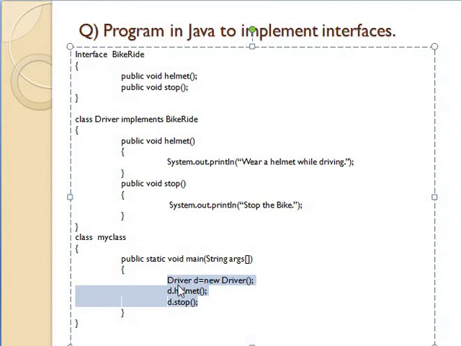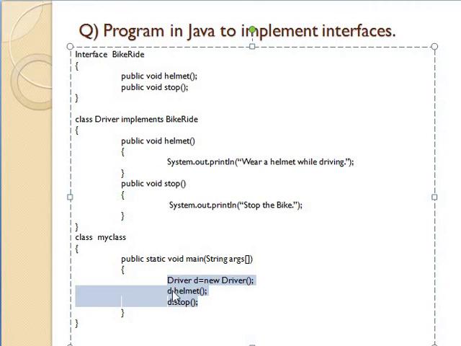This class driver was the class which implemented the interface bike ride, and the object D has been created from the class driver, which implements the interface bike ride. Now come to the next line. Here, using the object D of the class driver, it calls the helmet method using the dot operator.